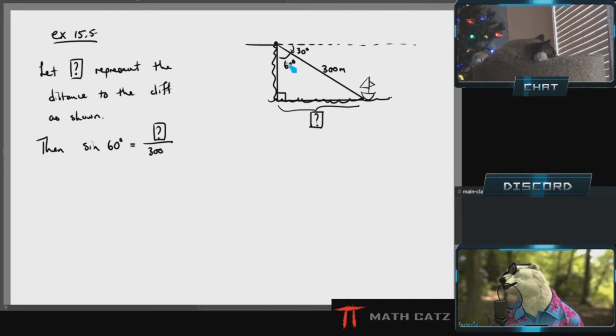Again, if you pick the other angle, it'll be different because the sides will be relative to that angle. But that's the one I picked, so I use a sine function. So that's my equation that describes the relationship between the quantities that are involved. So question mark in a box is solved simply by multiplying both sides by 300. 300 times sine of 60 degrees.